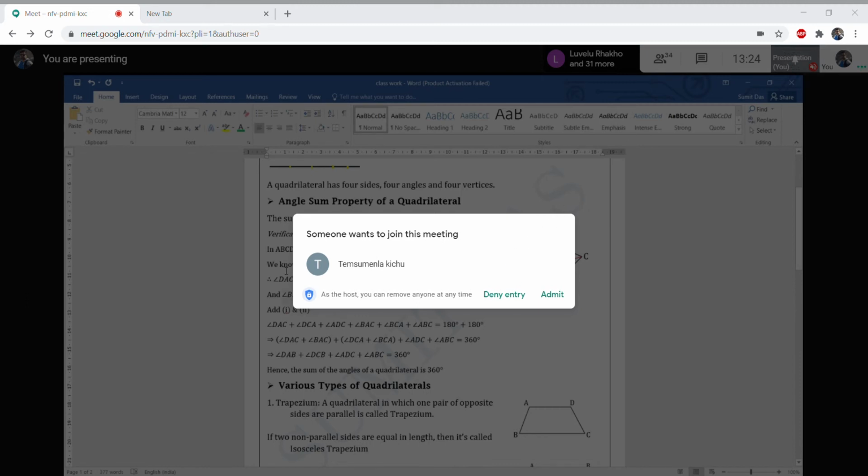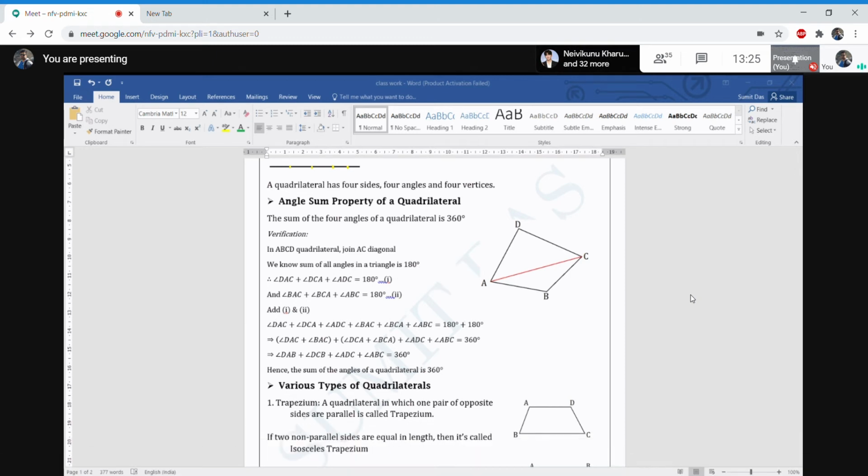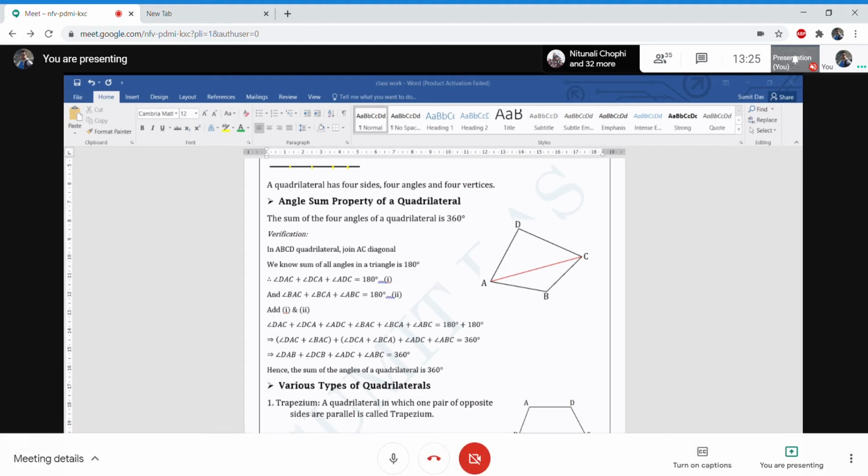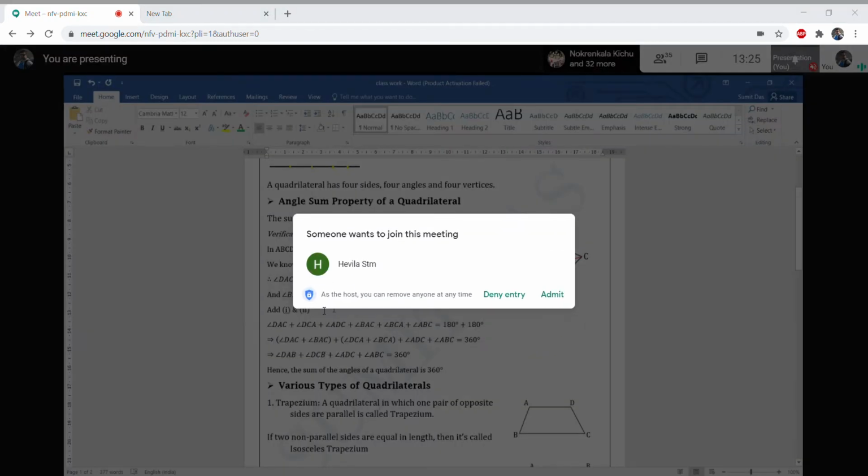Similarly, BAC, this angle, BCA, this angle, and ABC, this angle, is 180 degrees. Now we are adding 1 and 2.